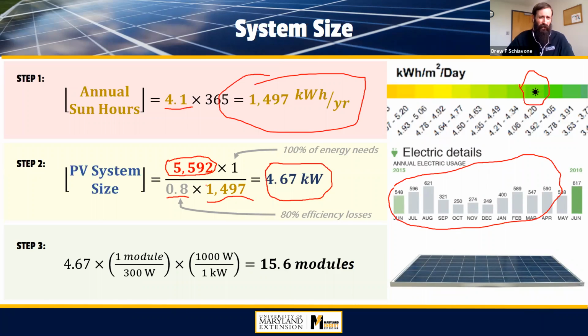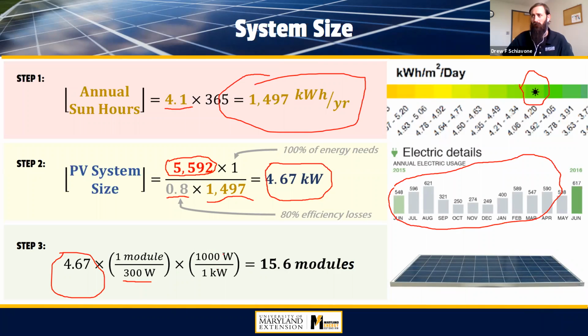Now the third step here is just how many modules, or panels if you want to call them that, you need to get. So we take the power for the entire system that we need. We needed 4.67 for the power rating. In this example, I'm looking at a 300 watt module, so just divide by 300 watts. If you have a smaller module, 250 watt, or maybe you're buying a 350 or close to 400, you could do that as well.